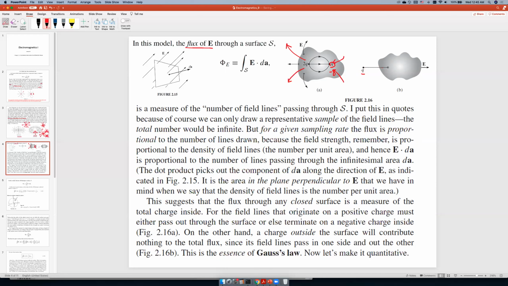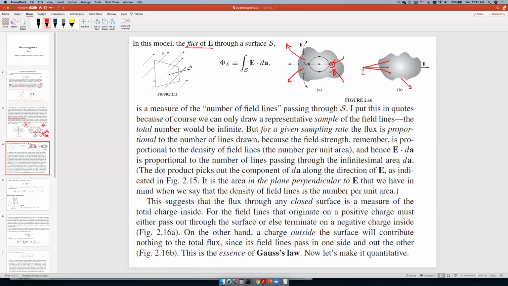It may go in and then go out of the enclosed surface, but the flux should be zero, because any field line which goes into the surface will finally go out of the surface.